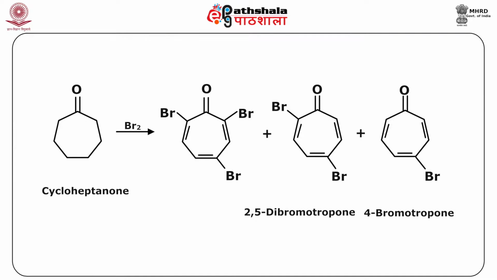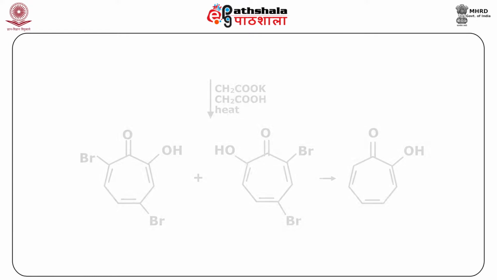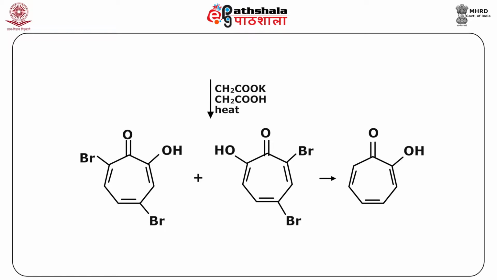2,4,7-tribromotropone in 50% yield, and 4-bromotropone and 2,5-dibromotropone have been identified as byproducts in this reaction. It was also observed that the tribromo substituted tropone provides a mixture of 3,5 and 3,6 dibromotropolones by refluxing with potassium acetate in acetic acid or butanol.